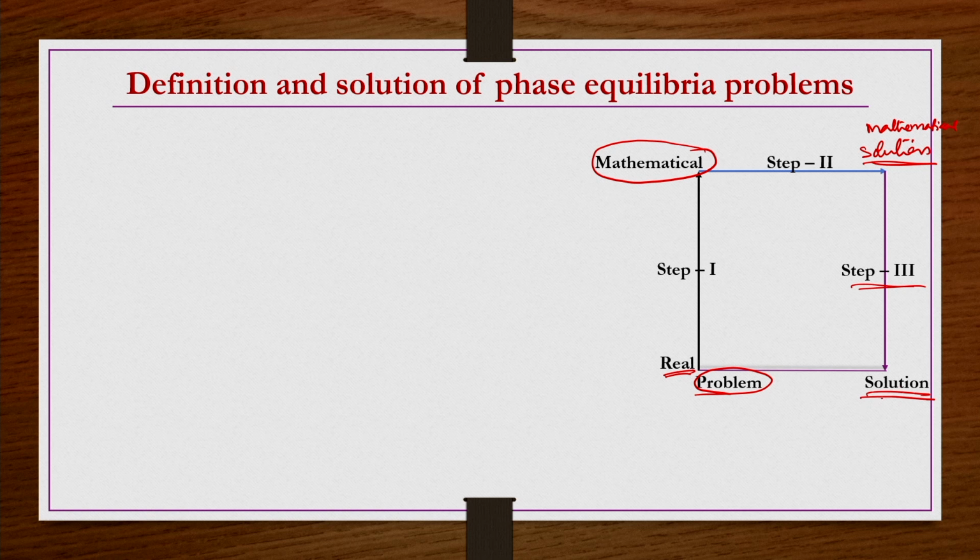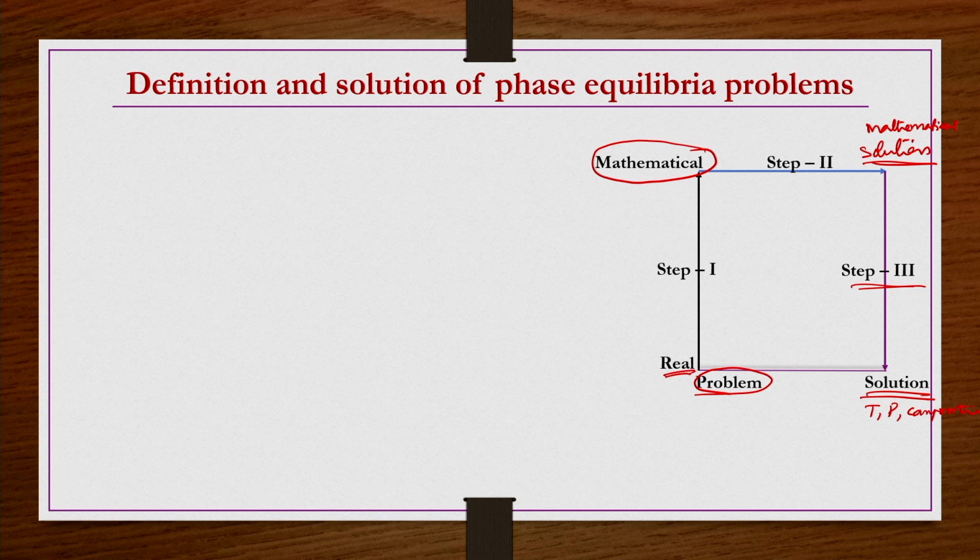So, what do we mean by having a solution with real life essence, or meaning in real life? That is nothing but having the solution in terms of temperature, pressure, and composition, etc. Because these are the things that you can measure in a given phase equilibrium system in general.